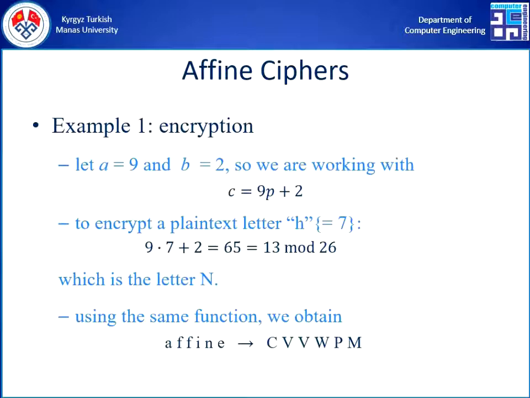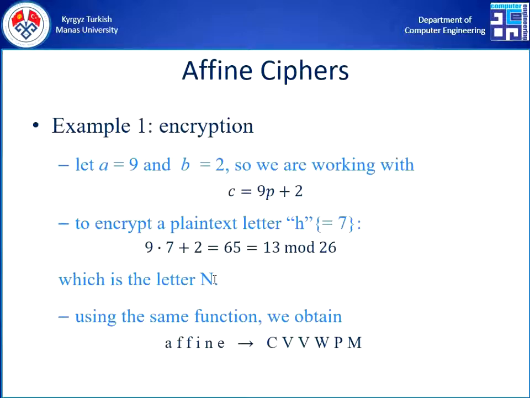With this particular key, which is equal to 9 and 2, we can compute the ciphertext. Our ciphertext becomes equal to 65, and if we divide it by 26, we are left with a remainder 13. 13 is our desired ciphertext, and 13 is the letter n.